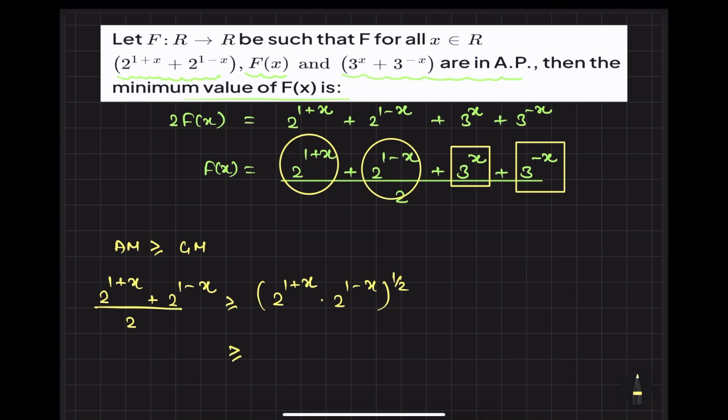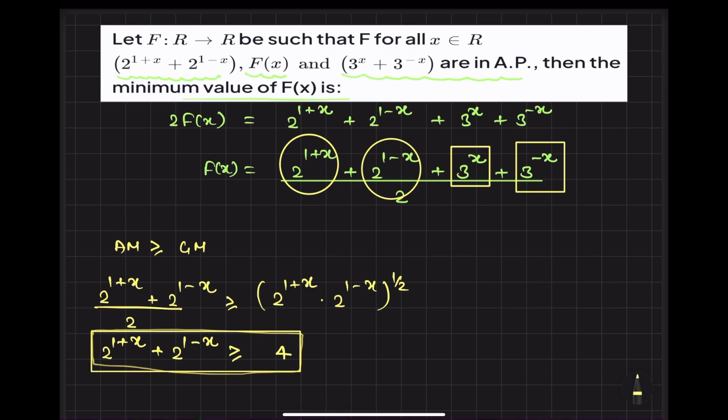If the base is the same, the powers add, so it is 2 power 2 to the power 1 by 2. So it will become 2, and if you multiply both sides by 2, you will have 4. So the minimum value of 2 power 1 plus x plus 2 power 1 minus x is 4.